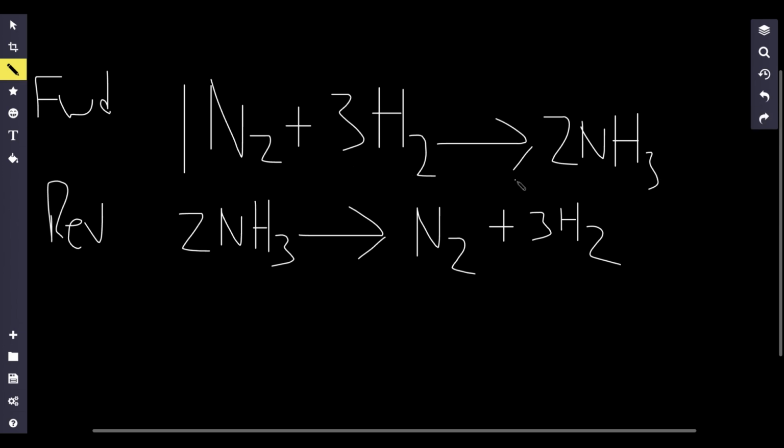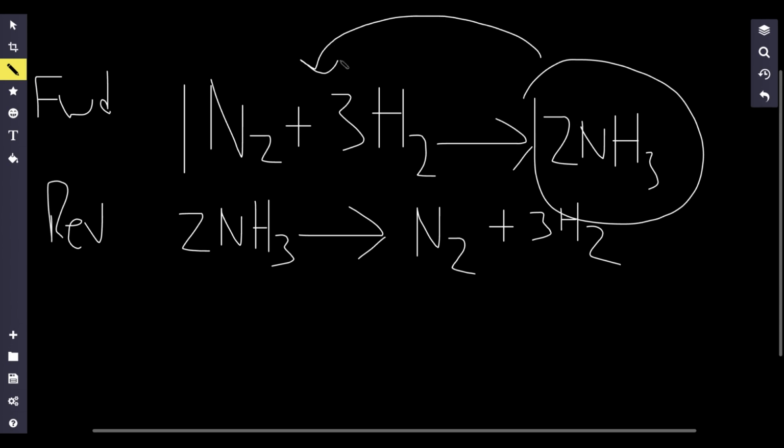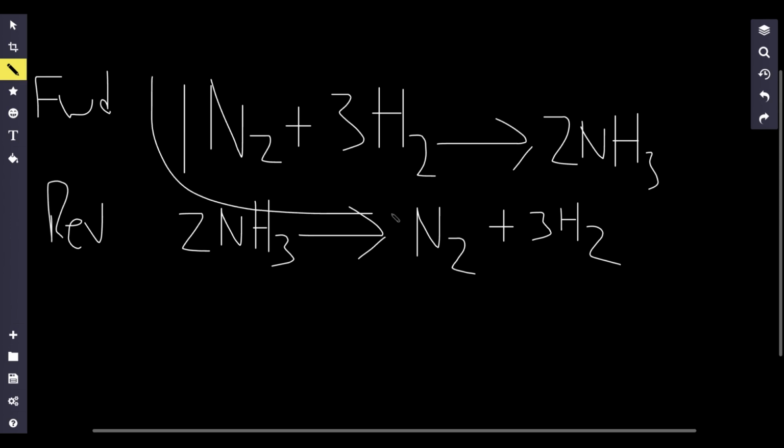In our second reaction, we're going from our product back to our reactants. So in the forward reaction, N2 and H2 react to form ammonia, and in the second reaction, ammonia breaks back into these individual molecules.